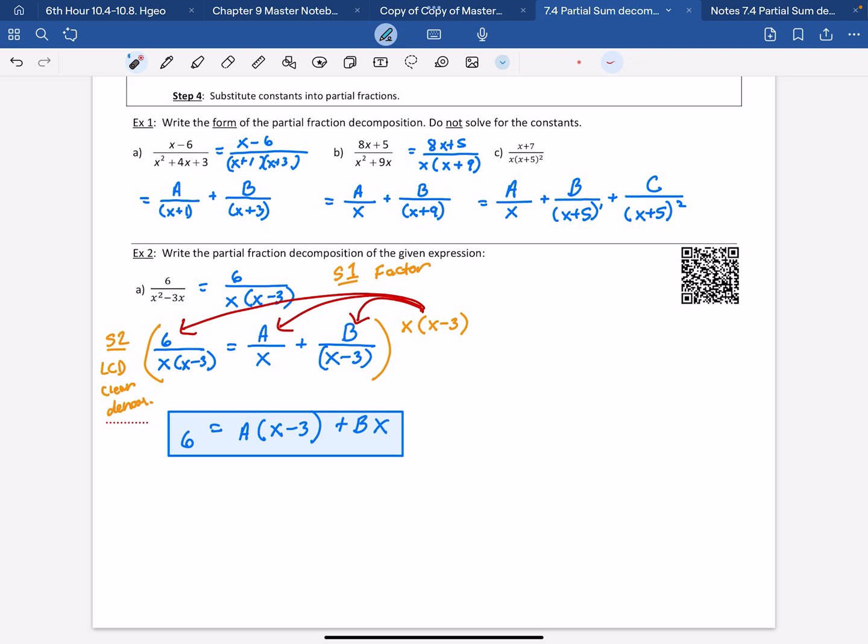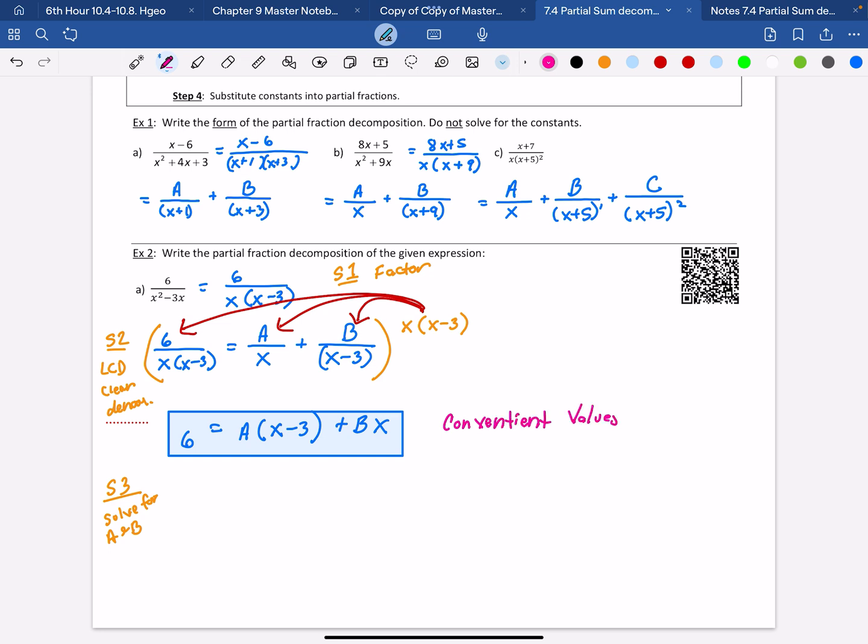Okay, so here's what's going to happen. What it means to do a convenient value is, your goal here, again, at the end of the day, is to solve for A or B. For step 3, we're going to call this S3, you're going to solve for A and B, and we're going to use convenient values. All right, so you're going to ask yourself, what are you talking about? Convenient values.